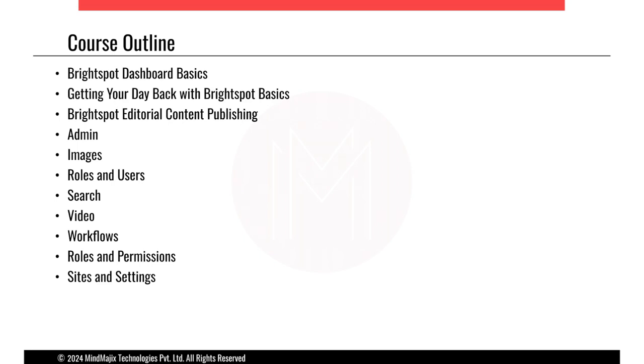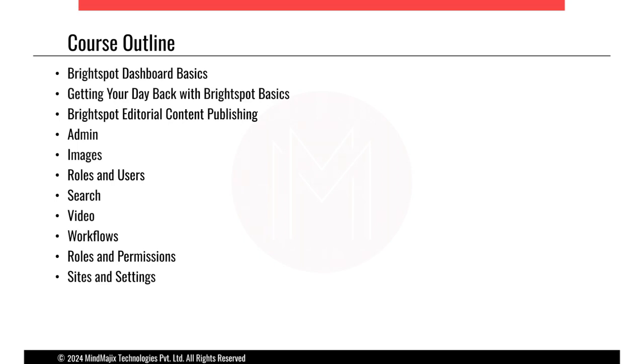As I have told you, we have a lot of types of content on Brightspot. Few are mentioned here, like images, videos. You can create audios also here. You can also create HTML pages here, and a lot more. So we will be learning that in this part.